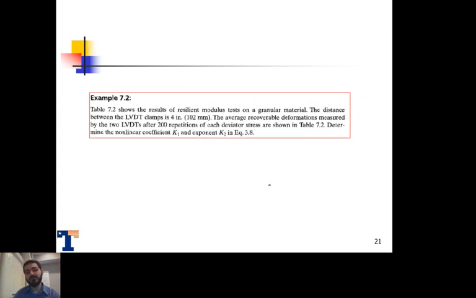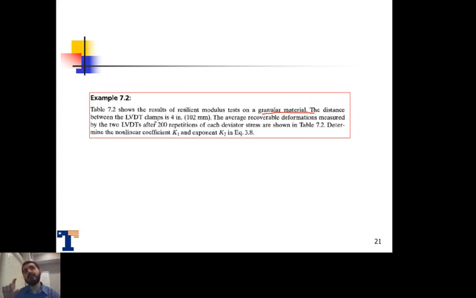This table shows the results of the resilience modulus test on a granular material. The distance between the LVDT, this is the strain. Basically, it's a strain gauge that we put on the sample to measure the amount of deflection or deformation. So the distance is 4 inches. Why do we need this?